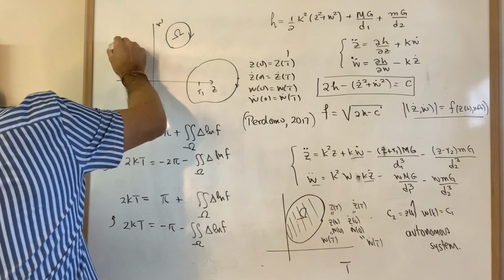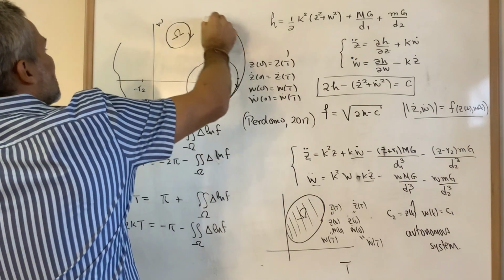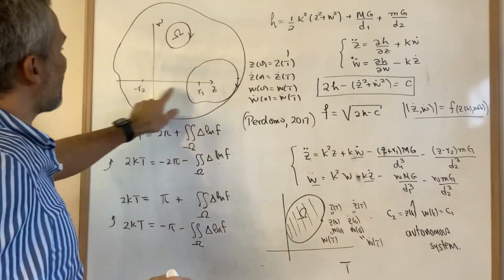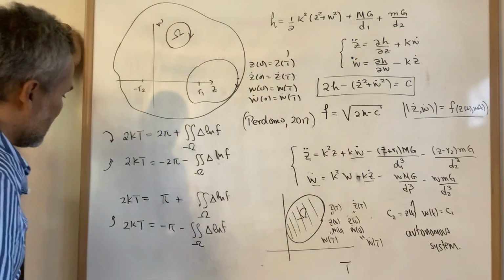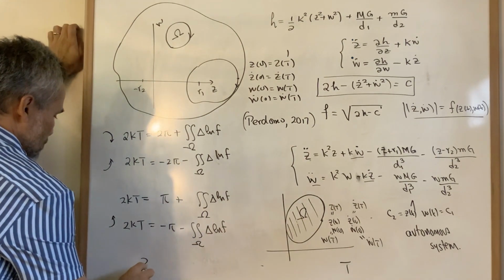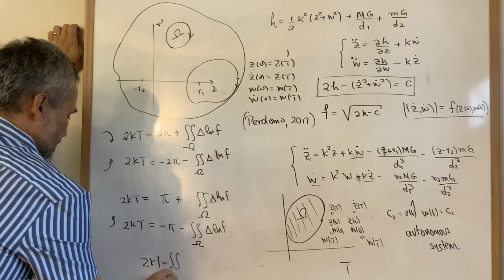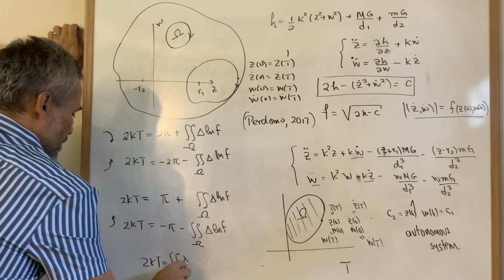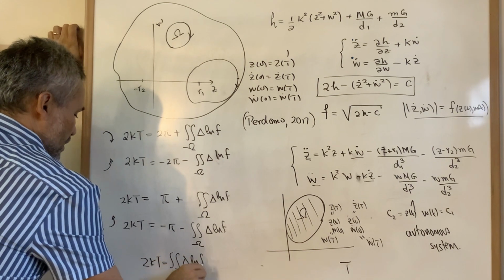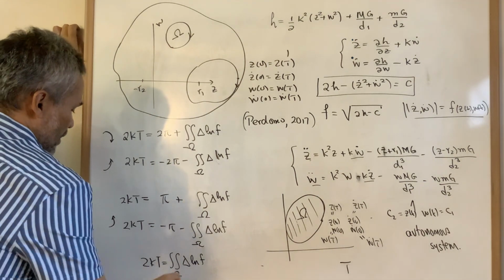Also, the last part: if the orbit goes around these 2 points, then the theorem says that 2kt is just the integral over omega of the Laplacian of natural log of f.